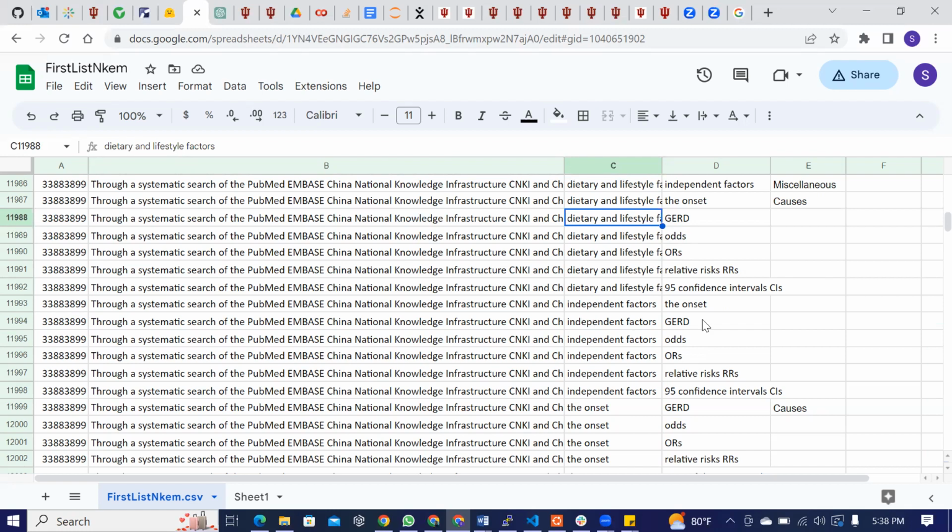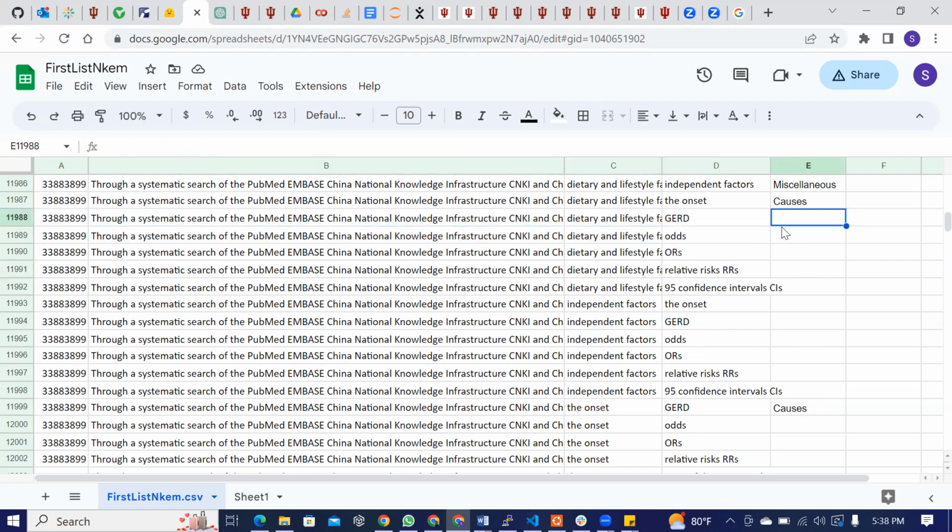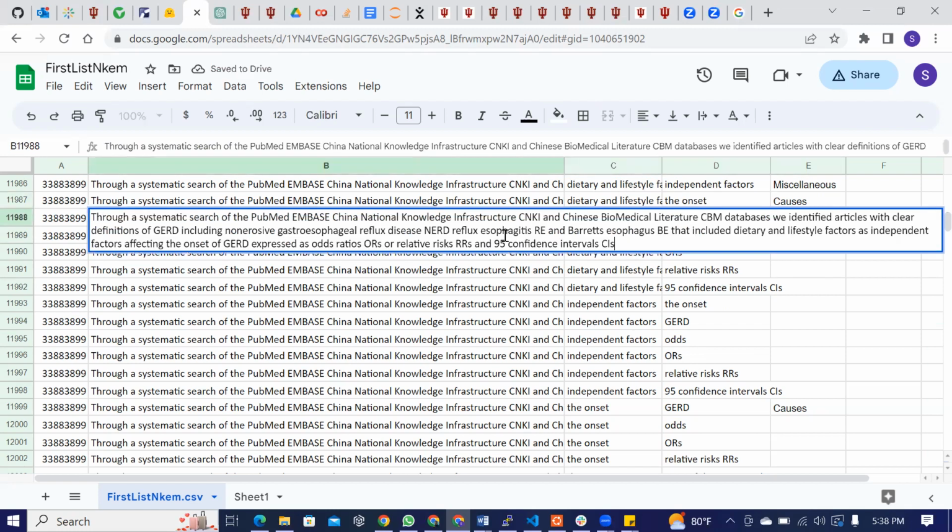So dietary lifestyle and GRD. If you look at dietary lifestyle and GRD, we included dietary lifestyle factors. So this is cause. You can say dietary lifestyle factor causes GRD. Do you understand? From here we can say it causes GRD.